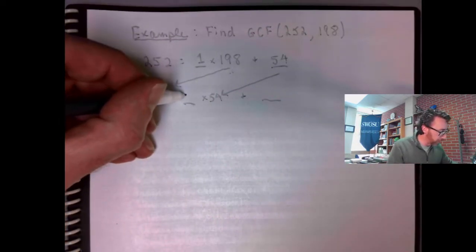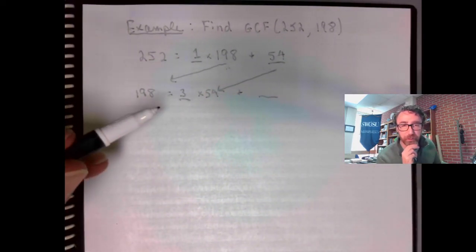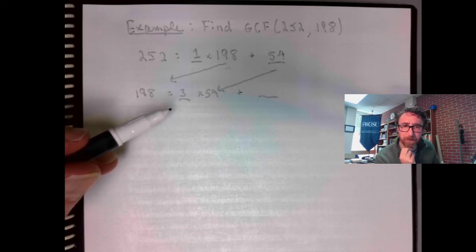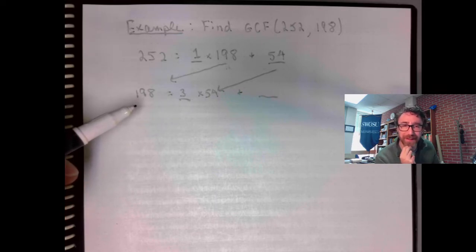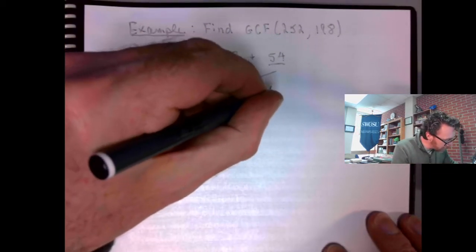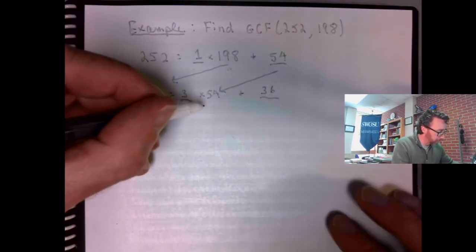So let's go with a 3. Right? 3 times 54 is 162. And to get to 198 from 162, looks like I need a 36. Okay, so there's the quotient, there's the remainder.